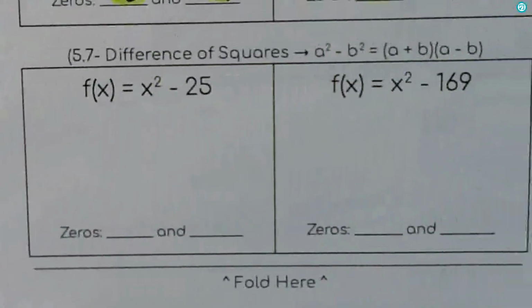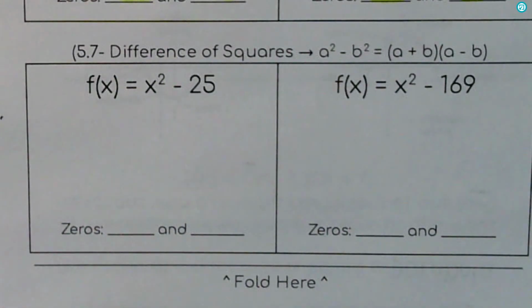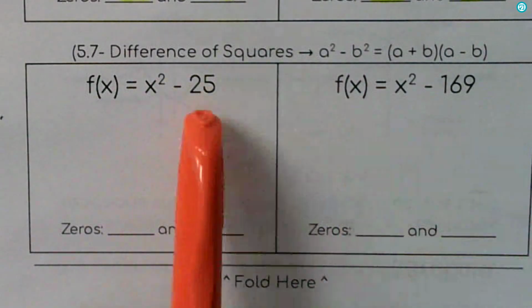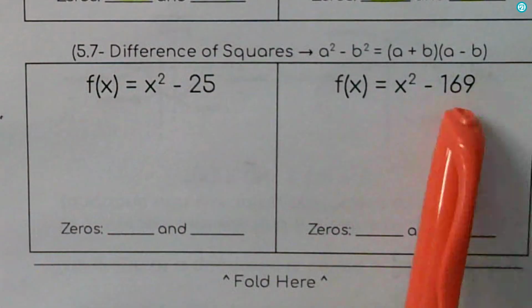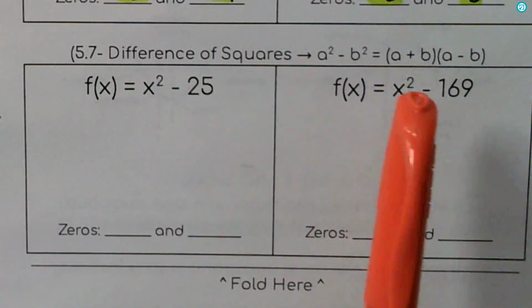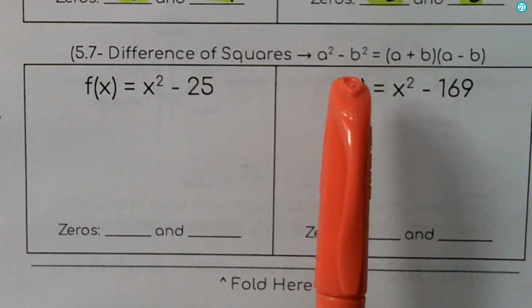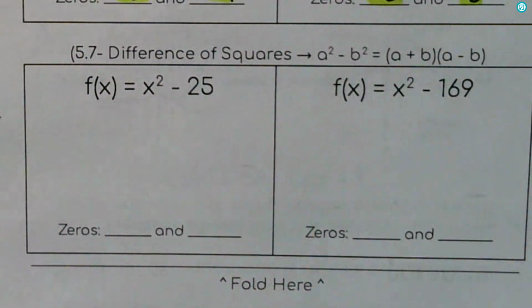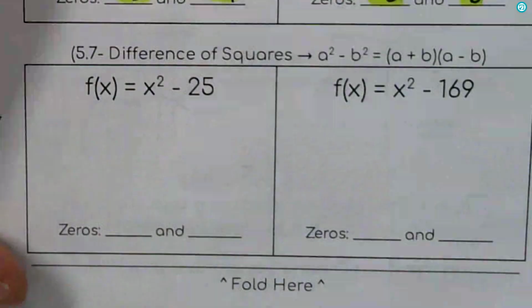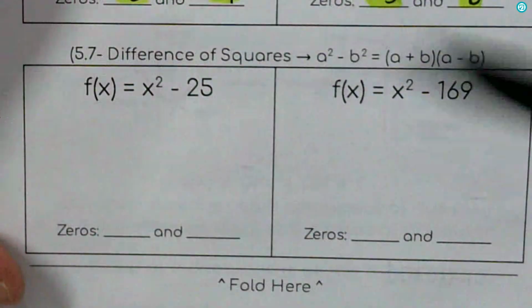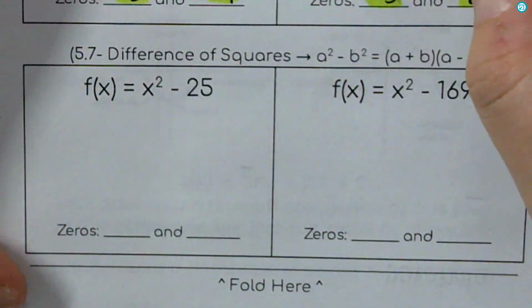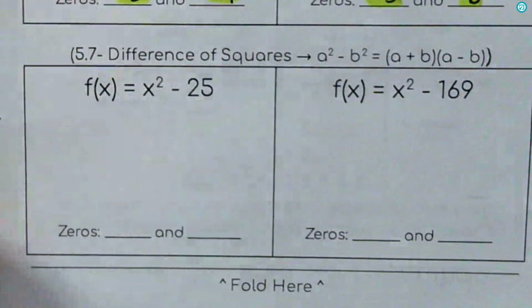These don't have that middle term, and they're perfect squares. So 25 is a perfect square, 169 is a perfect square. So we are able to solve these or factor these using difference of squares. Technically, typo alert, if there's an open parenthesis there should have been another closed parenthesis there. There should have been a double parentheses.